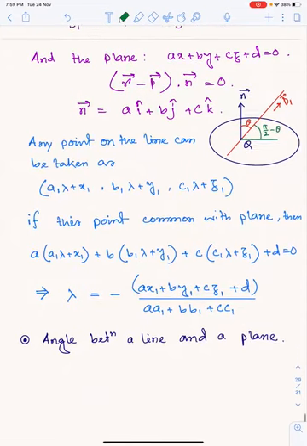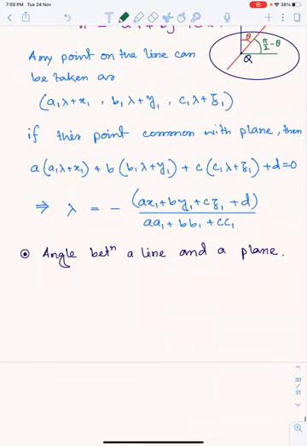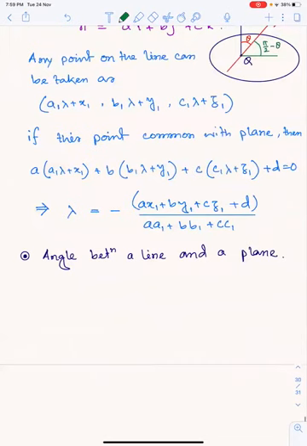Yes, sir. Okay. So we can think of cos (pi by 2 minus theta), sorry, let us go for cos theta itself.